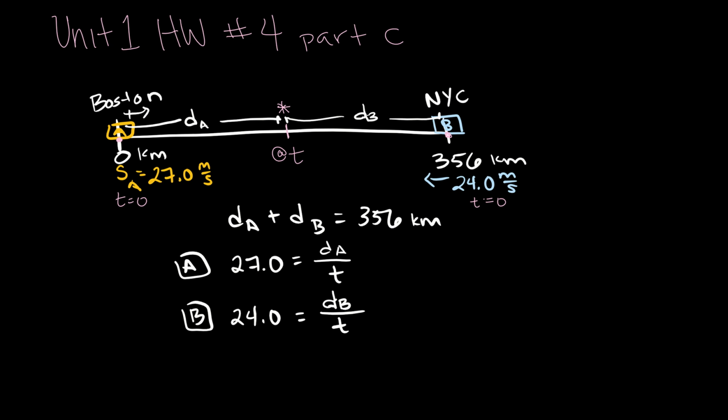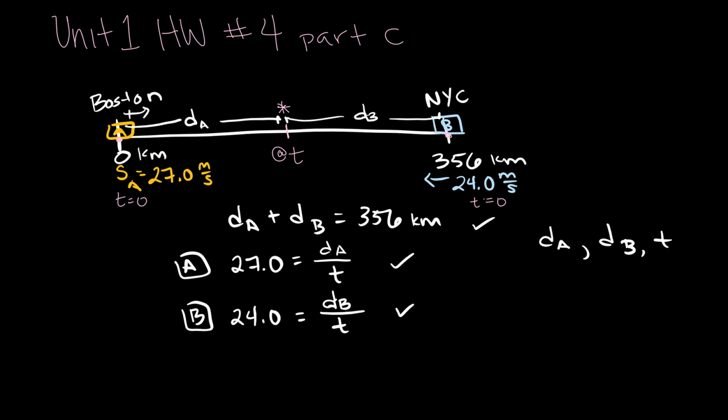So we've added another variable t, but now we have 3 equations and 3 unknowns, d_A, d_B, and t. So we should be able to use our algebra skills to solve for each of those variables.